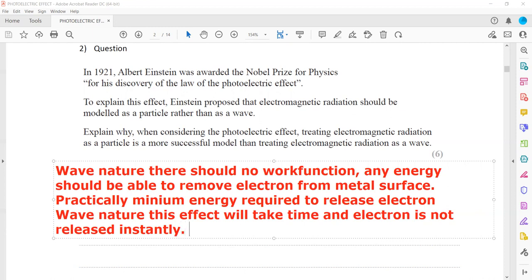But practically what we observe is that electrons are released instantly. When the photon is absorbed by the electron, if the energy of the photon is more than or equal to the work function, the electron immediately goes out. If not, the electron will not come out.